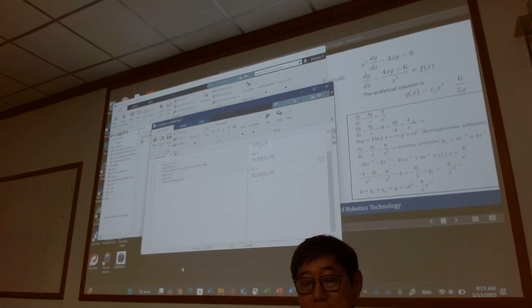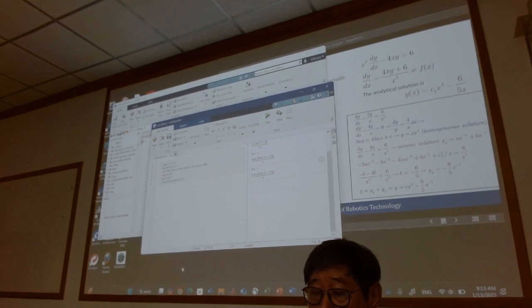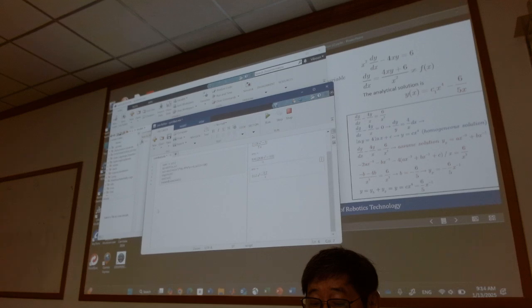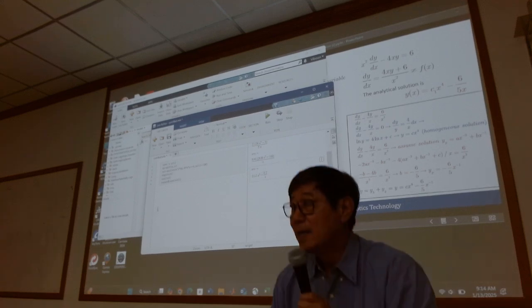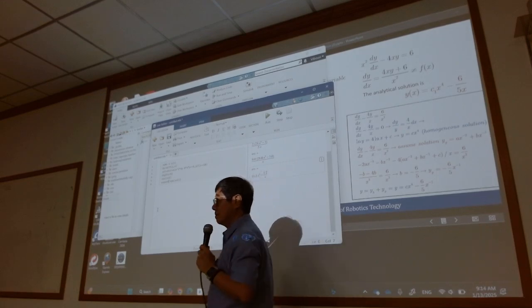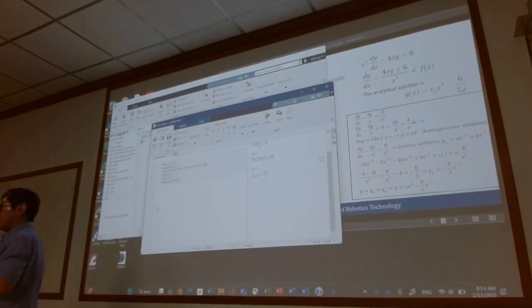That's the base format already. Instead of simplify, you can expand. See, you can expand this one, and you have this one.